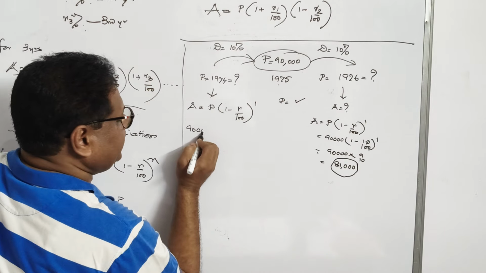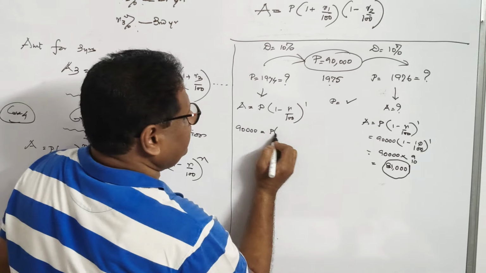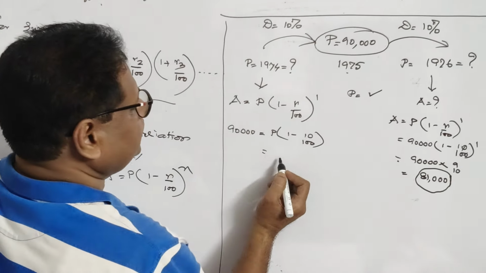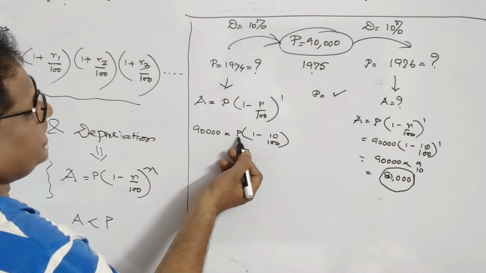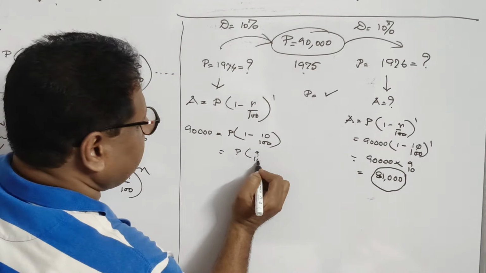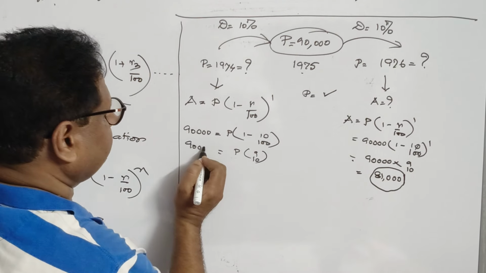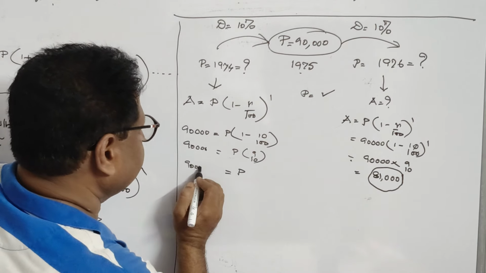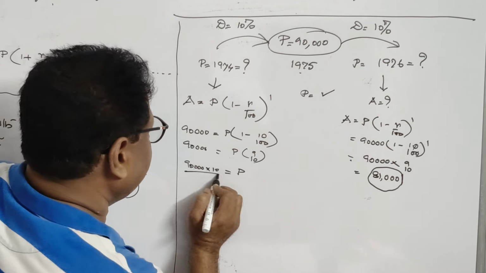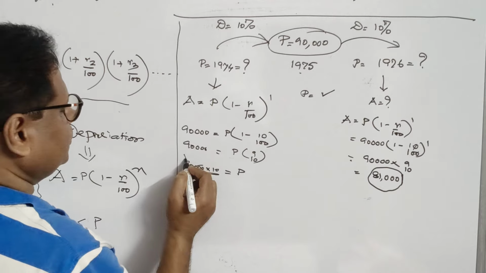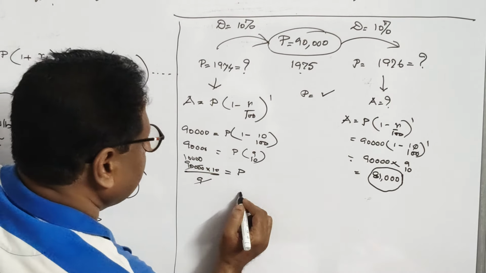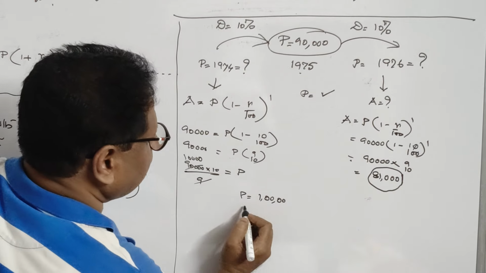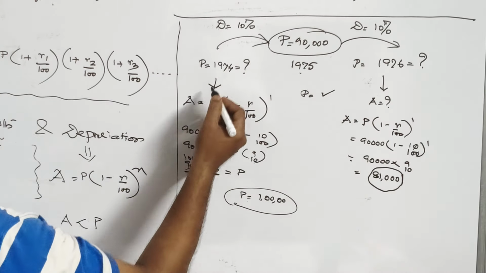Place it here: 90,000 equals P (1 - 10/100). So it comes to P, because P is missing, times 9/10. So P comes to 90,000 into 10 divided by 9. So it is 10,000, and P comes to 1 lakh. This was the population in 1974.